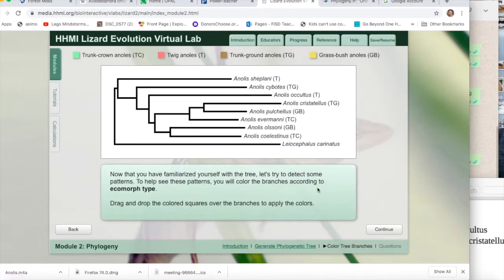Now that you have familiarized yourself with the tree, let's try to detect some patterns. Here's where you're going to go. For example, the twig anoles, you're going to link all of them together, all the T's. There's two of them. Two trunk crown anoles, which are at the top of the tree.